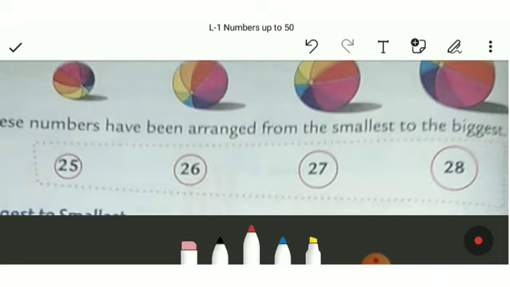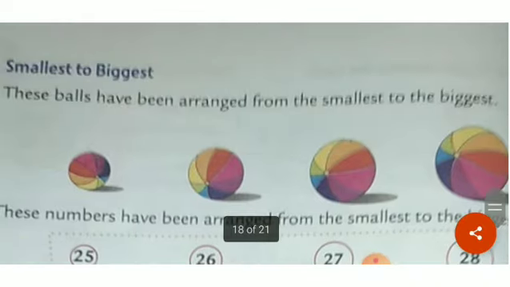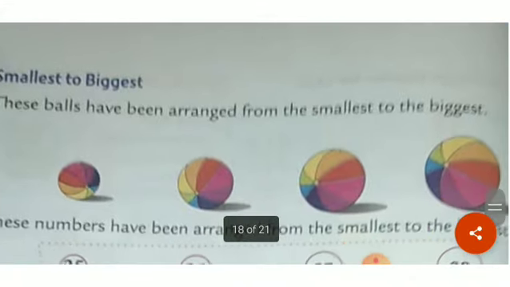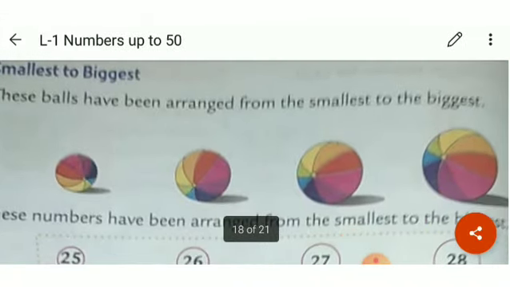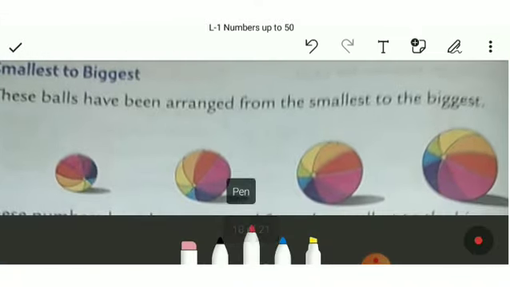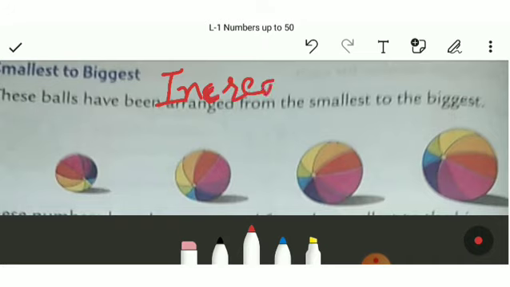Okay, that order is called as increasing order. Wait a minute, we will write here. When we arrange the numbers from smallest to biggest, that order is called as increasing order.